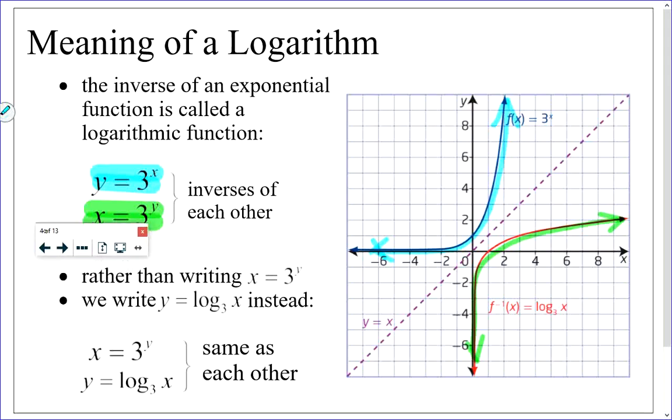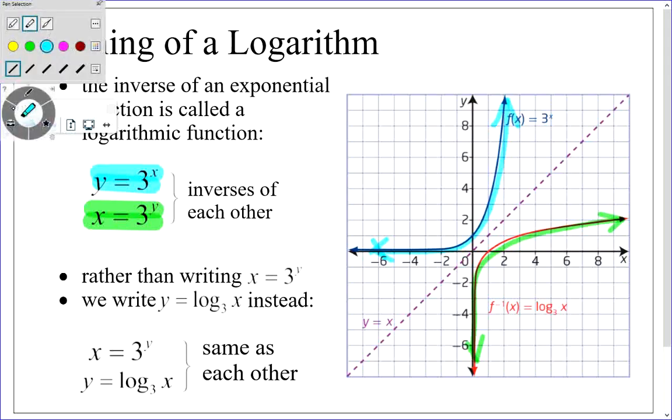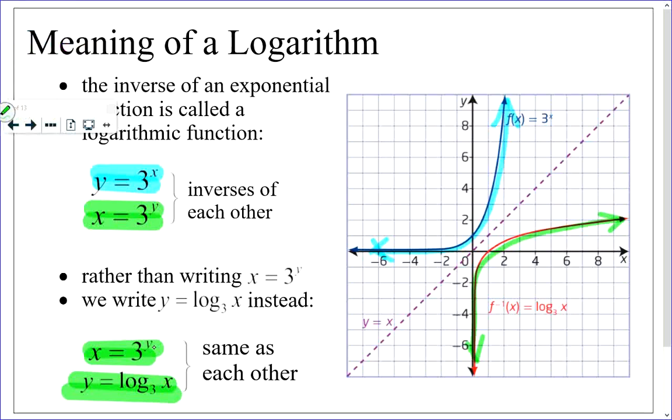However, the thing that I've highlighted in green, which is x equals 3 to the y, written as y equals, can be written as y equals log base 3 of x. So these two things on the bottom are the same. And we don't typically walk around saying, oh, the function is x equals 3 to the y. We would much rather say the function is y equals log base 3 of x.